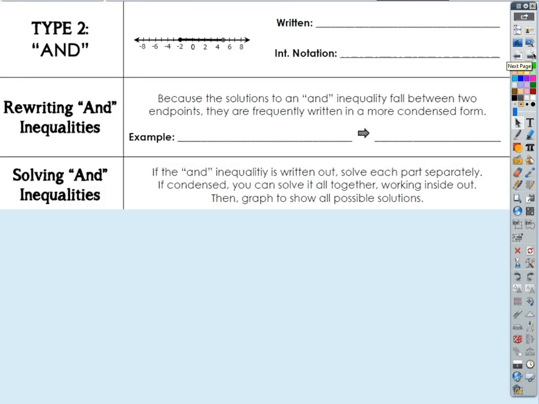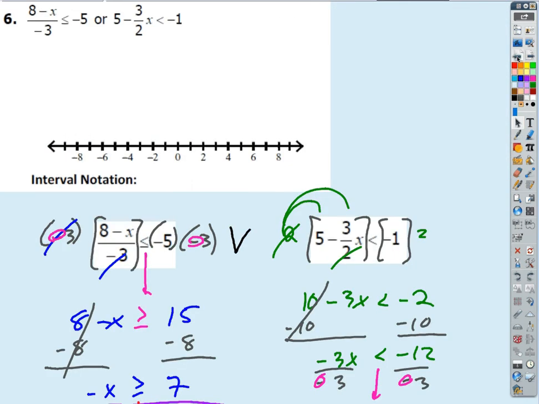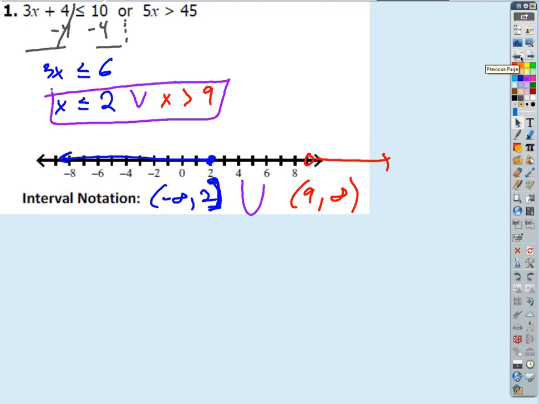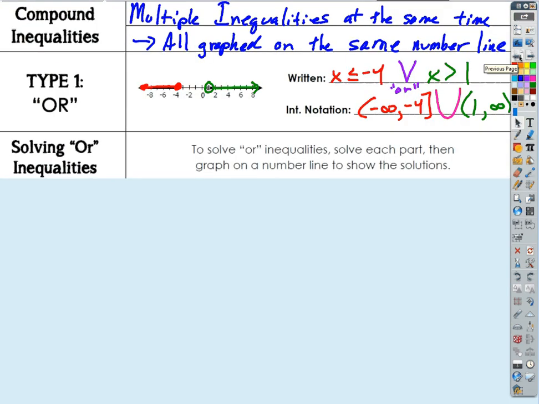So and type inequalities. Let's try this one. So this time, now you might have noticed a correlation here. When we're doing problems like this, the number of inequalities determines the number of endpoints, right? There's some weird cases we'll look at the end where sometimes you got to think carefully about it.